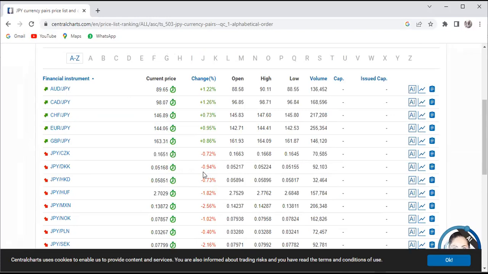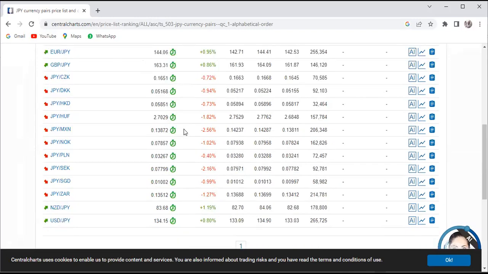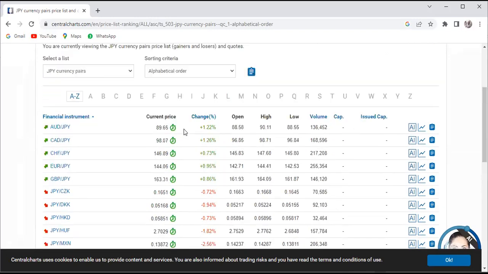One thing I've noticed about yen pairs is that they don't exceed 2 decimal places. When I say 2 decimal places, I'm talking about 89.65, 98.07, 146.89, 144.06.